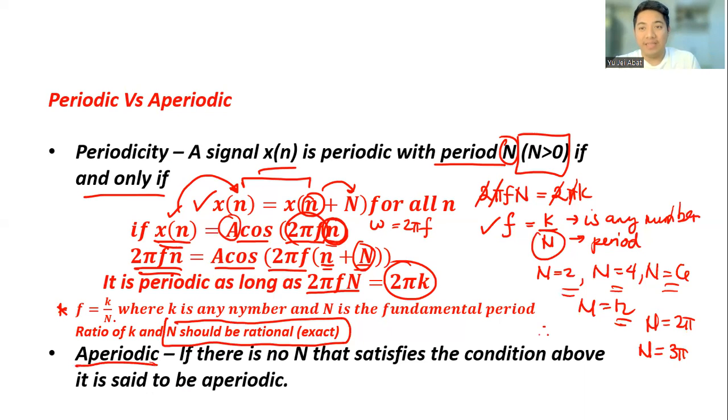It does not repeat itself over any period. If there is no period that satisfies the condition above, it is said to be aperiodic. So let us solve some examples to test the periodicity or aperiodicity of the signal.